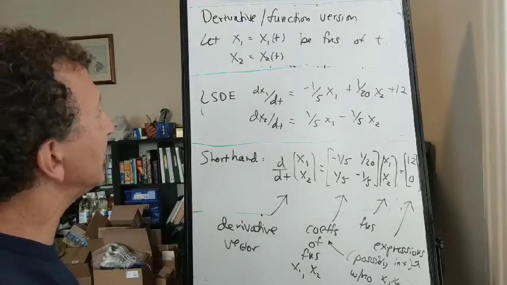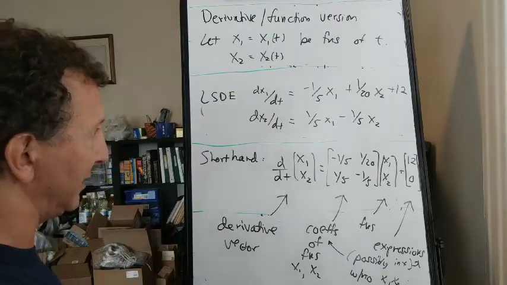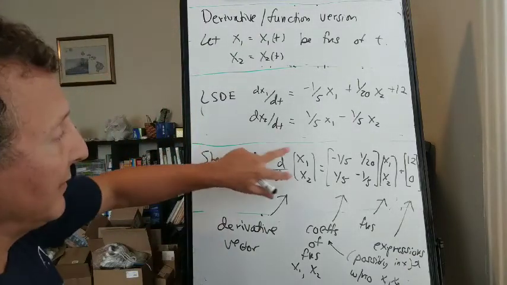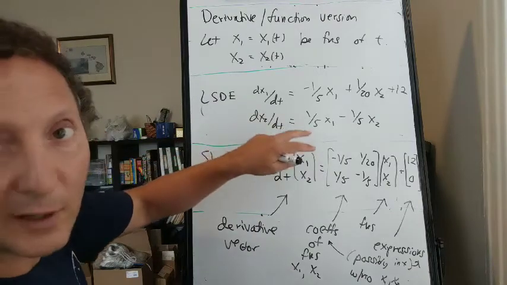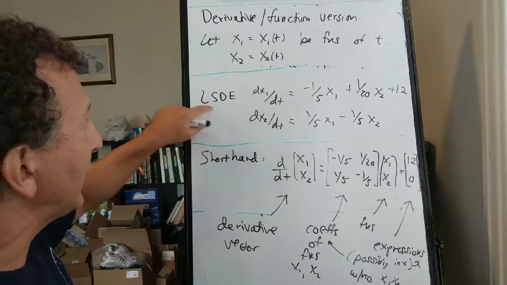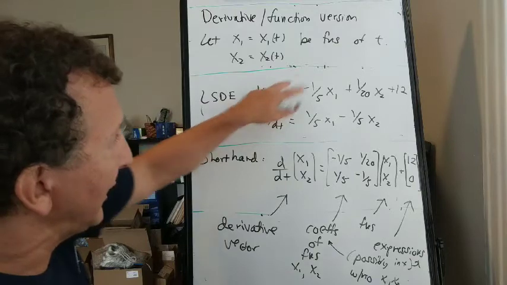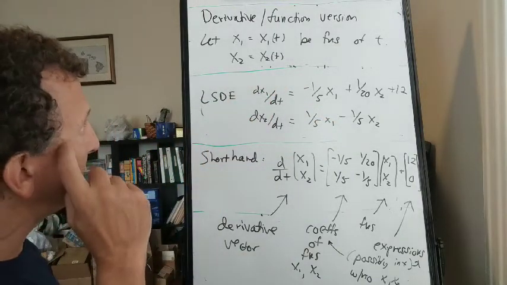Now, a solution to a linear system of differential equations is a little bit more complicated. We need to find functions x1 and x2, so basically this vector, so that these functions x1 and x2 and their derivatives satisfy all the equations in the linear system of differential equations. We've got derivatives and functions. Altogether they have to satisfy the equations.